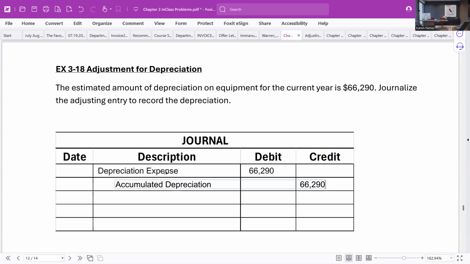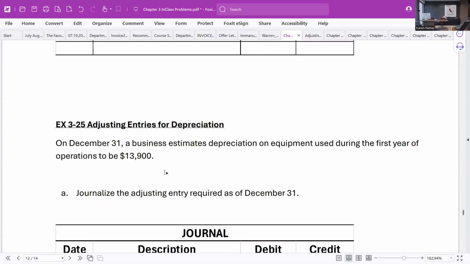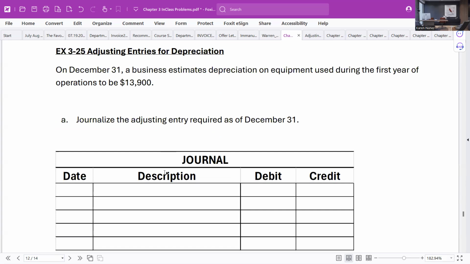And then the last one, depreciation again. And in this one, we are going to recognize the depreciation, journalize the adjusting entry for depreciation. So again, we need to debit the depreciation expense for the 13,900.